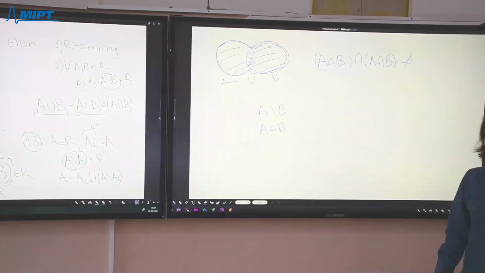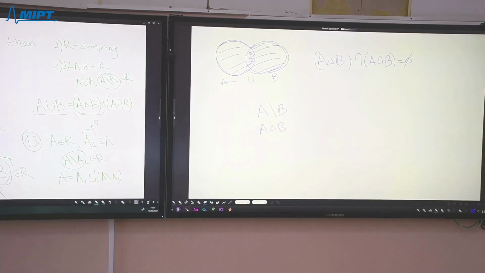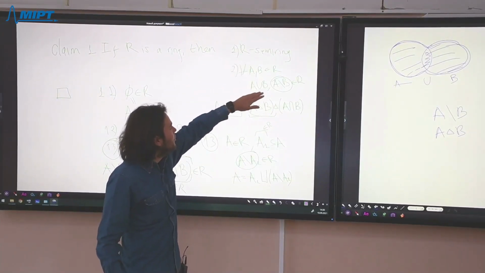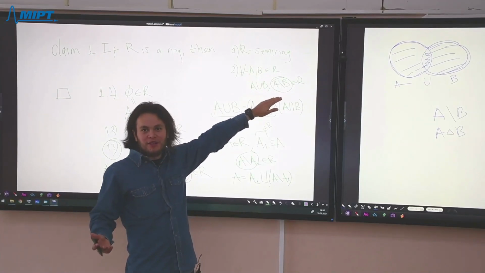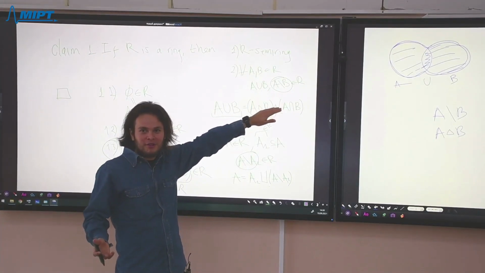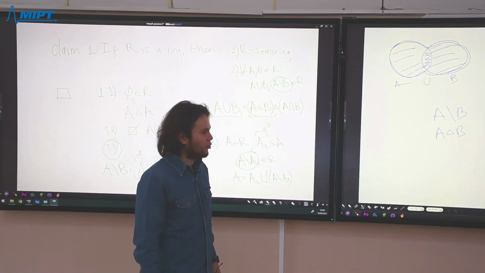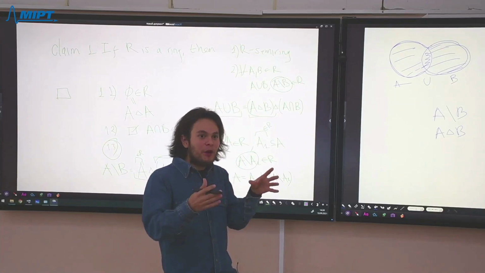What do you mean, any elements? Well, any such element that we get like this. If R is a semiring, the union of every pair of the difference is an element of R. So R is a family of sets.